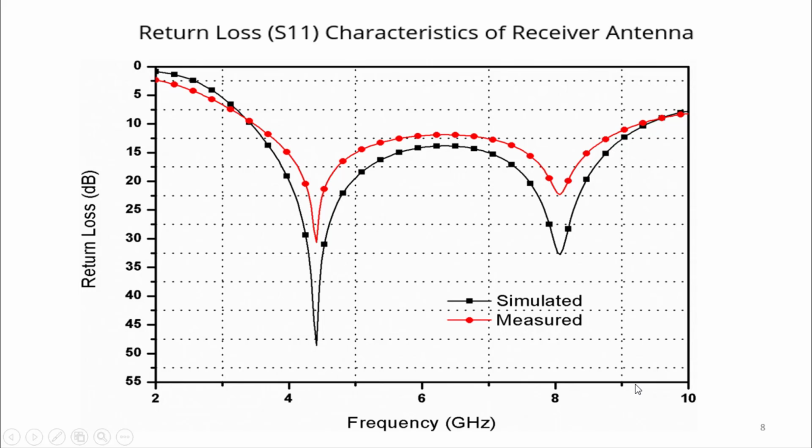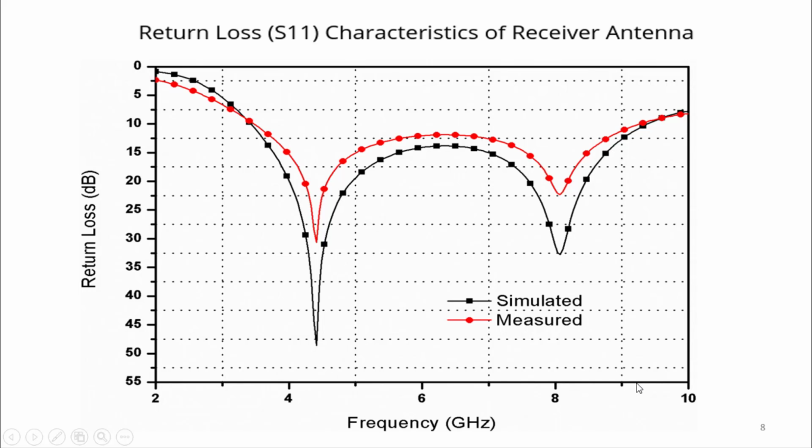Okay, I think that it is 9.2 gigahertz. So here I have a bandwidth greater than 500 megahertz. So the bandwidth of this antenna, I think, is 5 gigahertz. Okay, 5 gigahertz, so 3.2 toward 9.2.